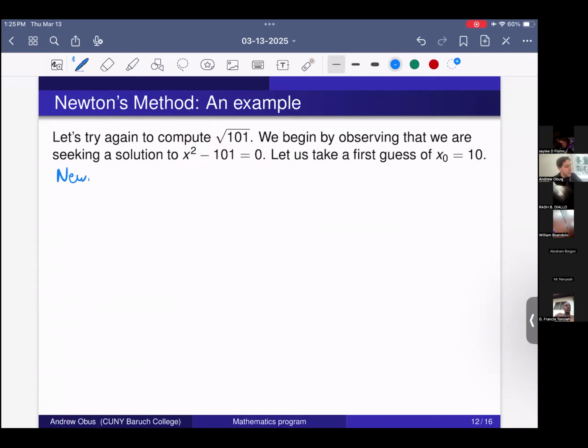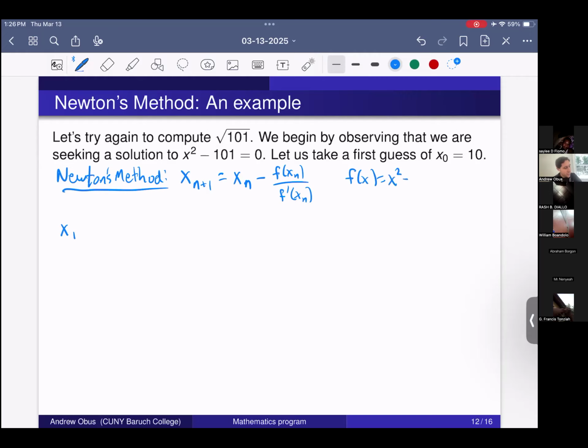So with Newton's method, I'll just recall the formula. Another way of writing it in general is that x n plus 1, your n plus first guess, is equal to your nth guess minus f of xn divided by the derivative at xn. So x1 in our case: f of x is x squared minus 101, and f prime of x is just 2x.